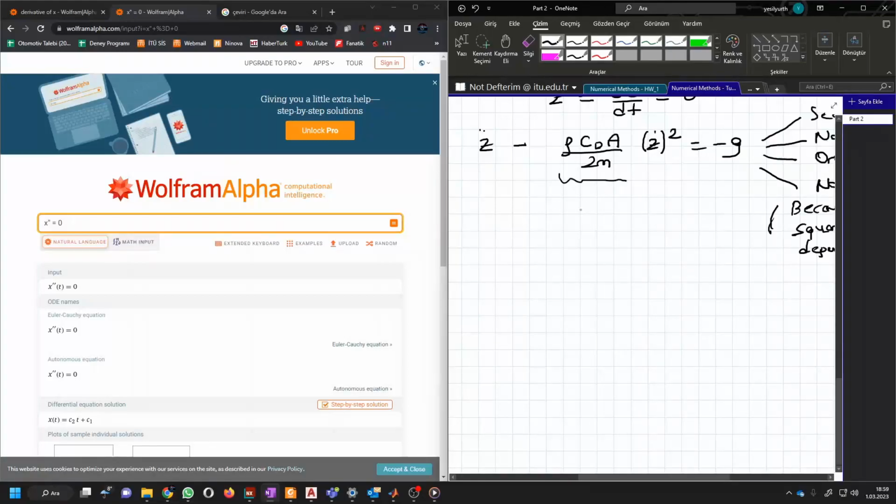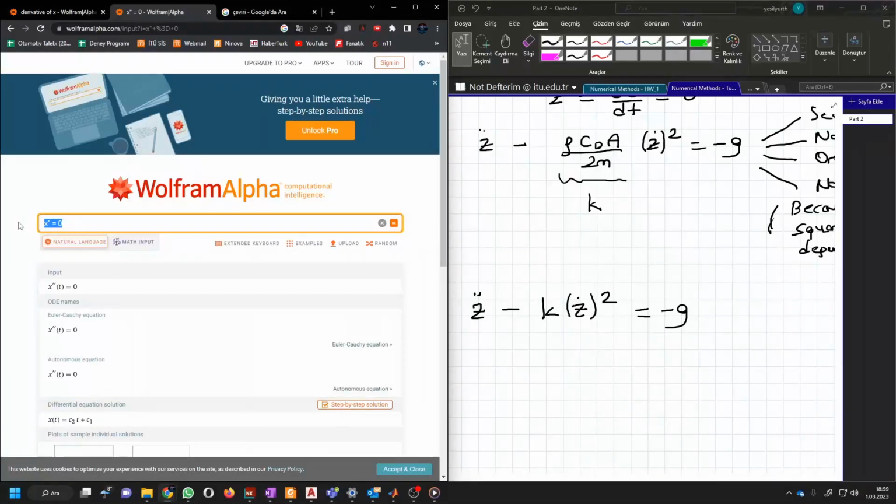This term will be denoted by k. So my equation becomes again z double dot minus k times the square of z dot will be equal to minus g.